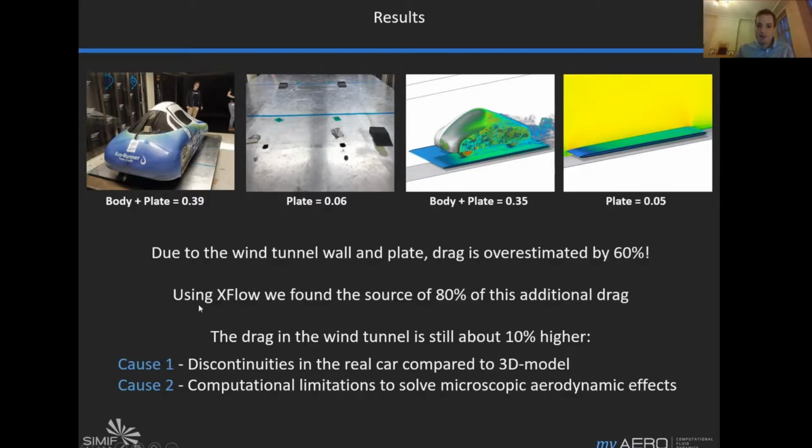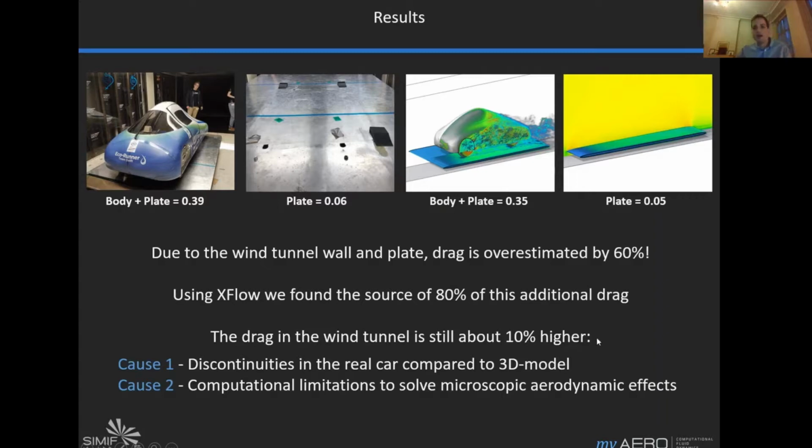And using XFlow, we can account for this increment in drag for about 80%. And what I mean by that is that about 80% of the increase in drag of 0.33, based on these two numbers compared to our initial 0.19, can be attributed to these wall effects and the plate effects.